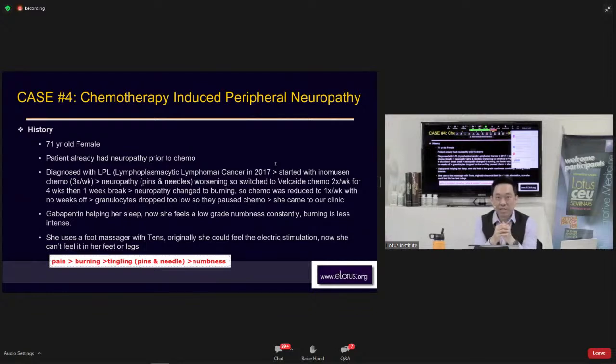When it gets to numbness, it's already severe, right? So what does numbness mean? Numbness means the nerve is either dying, like literally dying, already close to dead, and then also they are dead. The patient will say, I cannot feel anything, right? And so that is a severe situation. And this is how you can communicate with the patients, because this will tell you how long it will take to reverse it.